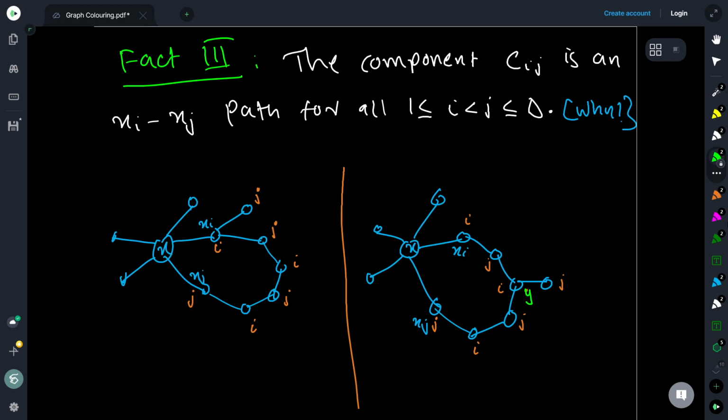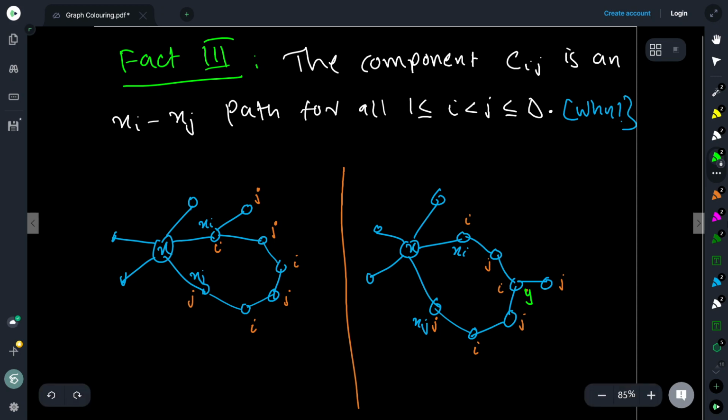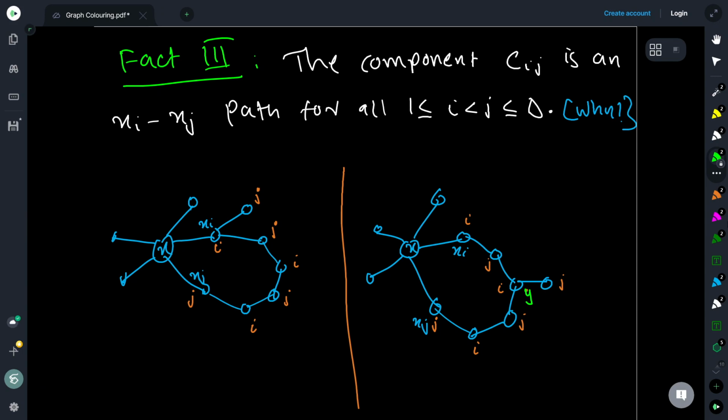Now why is that? We look at two cases. The first case is that we have the vertex xi, which is colored i, and suppose it has two neighbors colored with j, because we are looking at the ij component. If it is not a single path, there could be something extra connected to any of these vertices. Suppose it is xi itself.